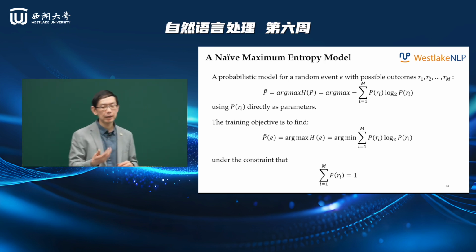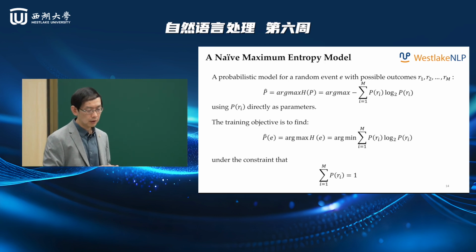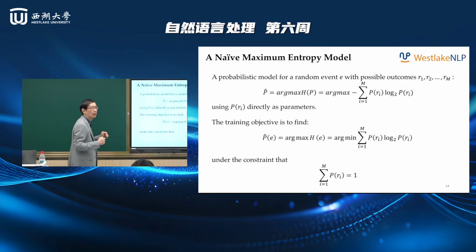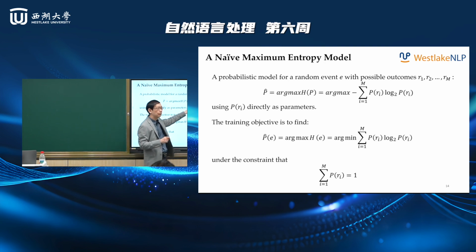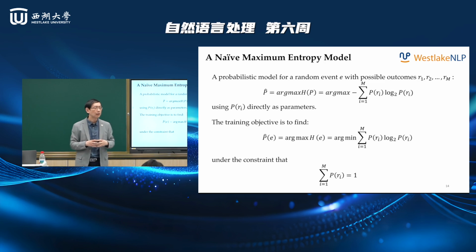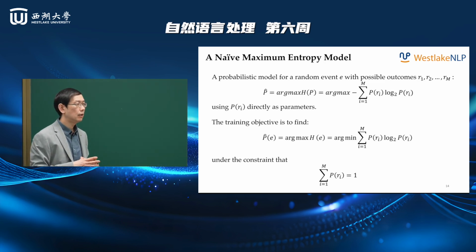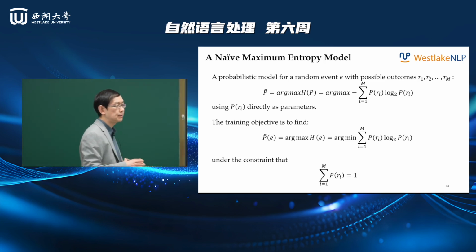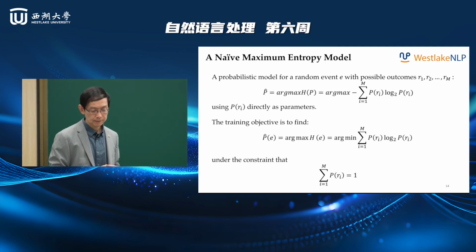So let's use the maximum entropy principle to train this model. First of all, the entropy of this model is the sum of minus PR times log 2 PR. The maximum entropy principle results in a training objective, which is to maximize this equation.